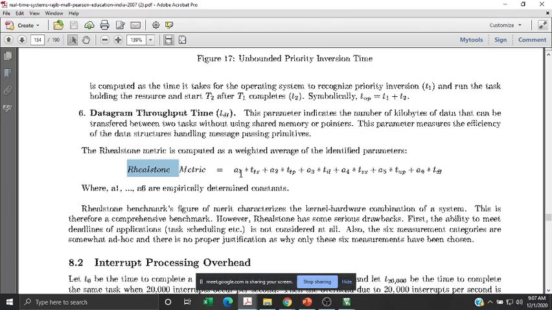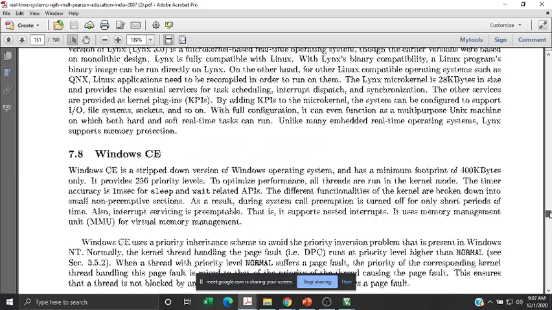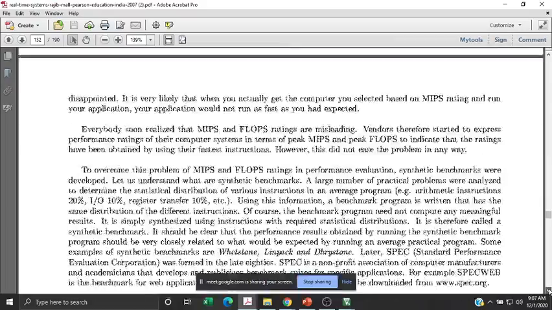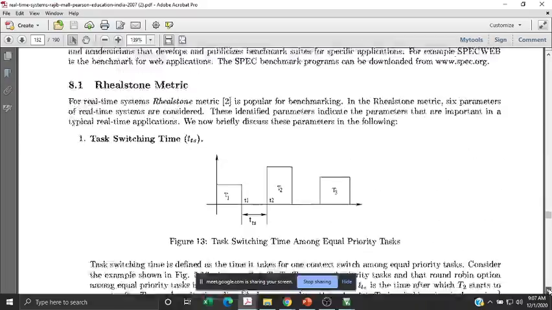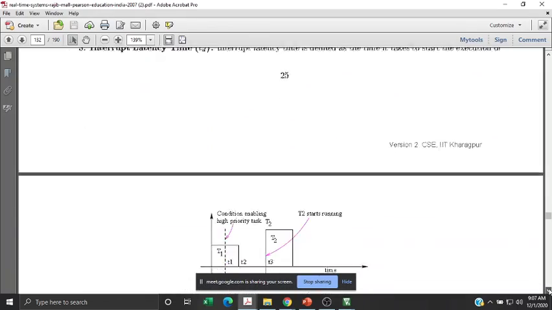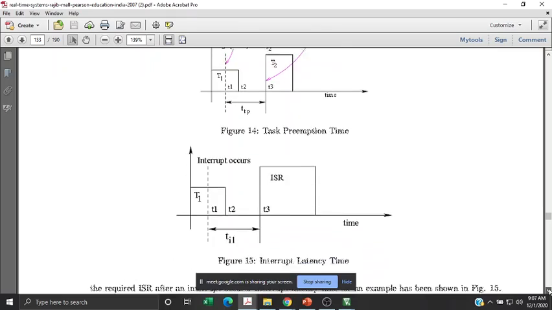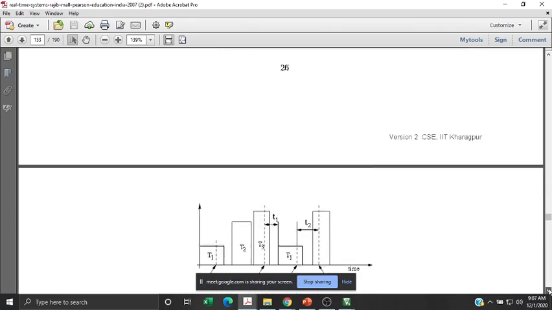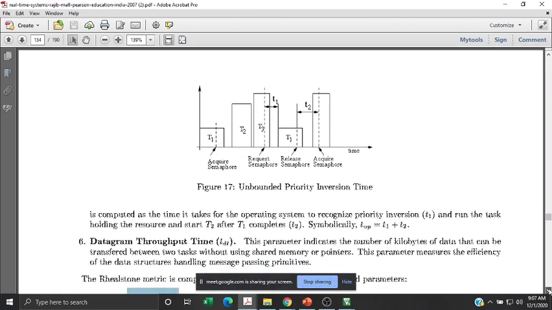There are certain constants which are multiplied with task preemption time, task switching time, interrupt latency, semaphore shuffling. Just to name them if I have missed anything: switching time, preemption time, interrupt latency time, semaphore shuffling, unbounded priority inversion, and datagram throughput.